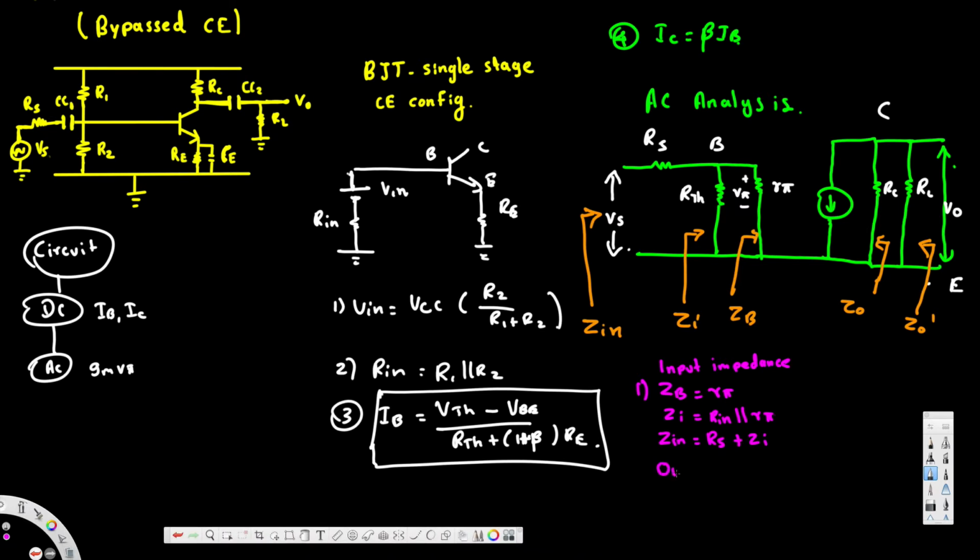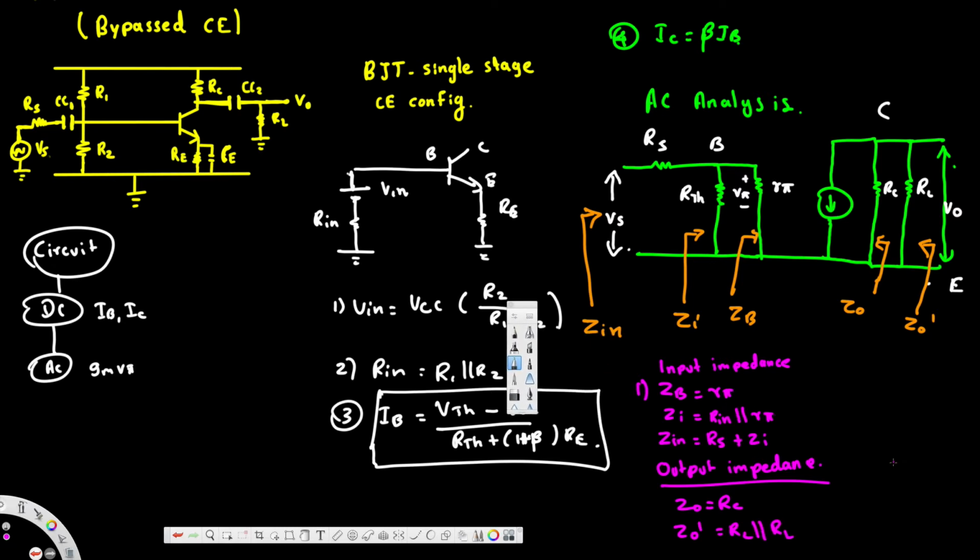Then the output impedance: ZO is equal to RC, and ZO prime is equal to RC parallel RL. Second one, gm is equal to IC over VT, that's IC divided by VT, where VT is 26 times 10 to the power minus 3. R5 is equal to VT over IB.